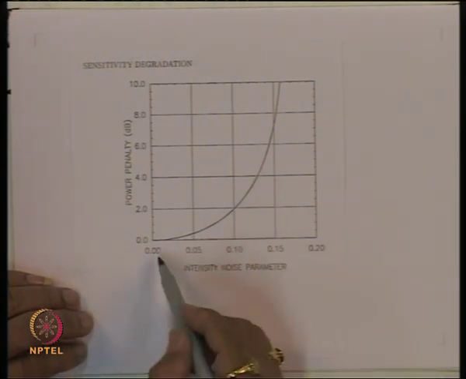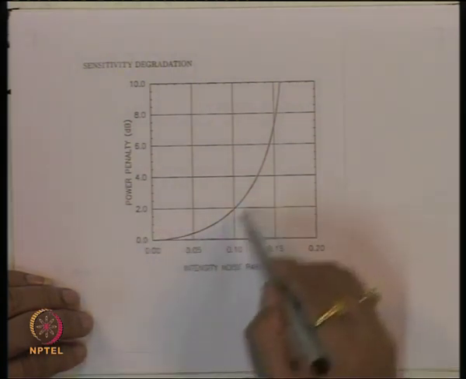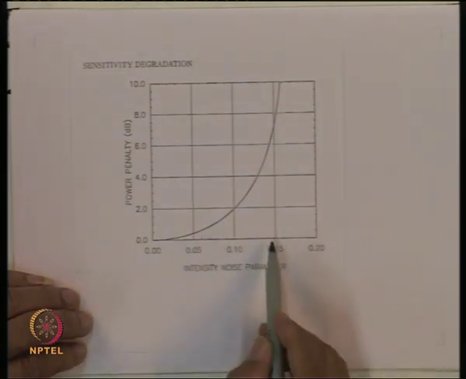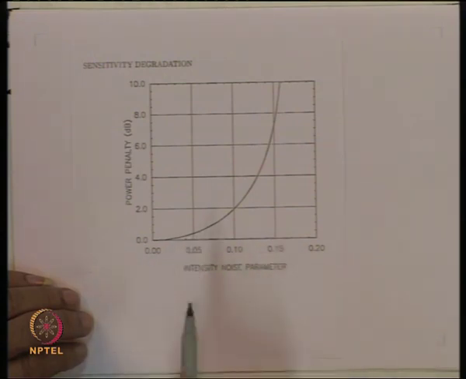So, the power penalty due to relative intensity noise is a very sharp function, and that is the reason we have to keep the relative intensity noise as small as possible, right, inside the data.